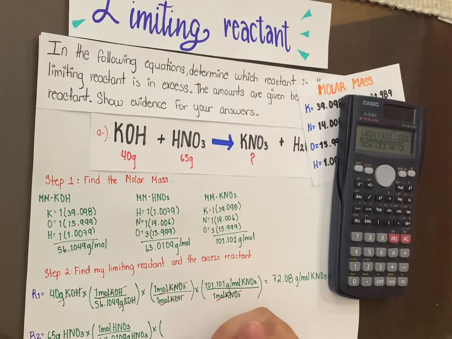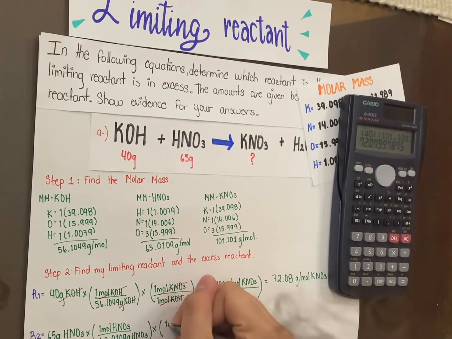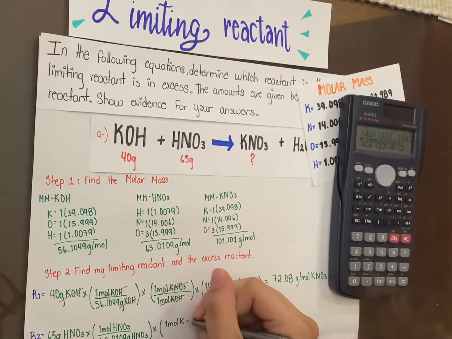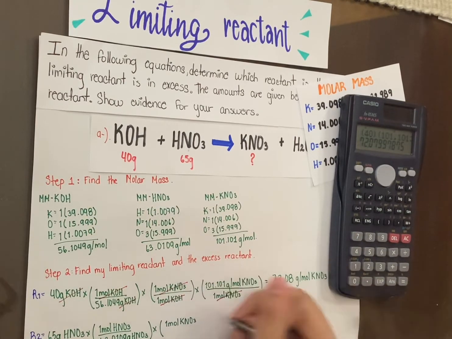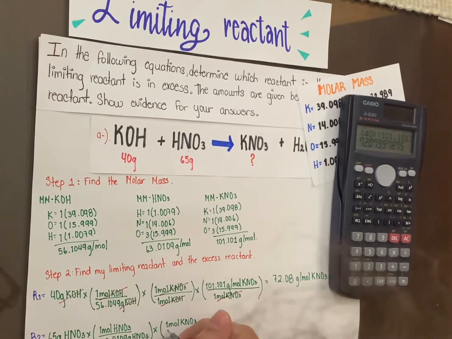Then I have to put the value that I'm finding. So it is 1 mole of this one that is unknown. This step is the same that we made with the first one.